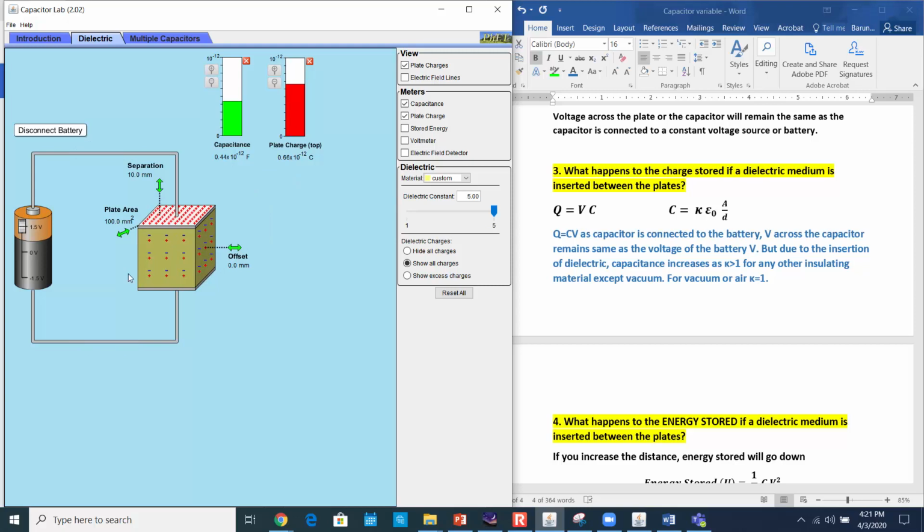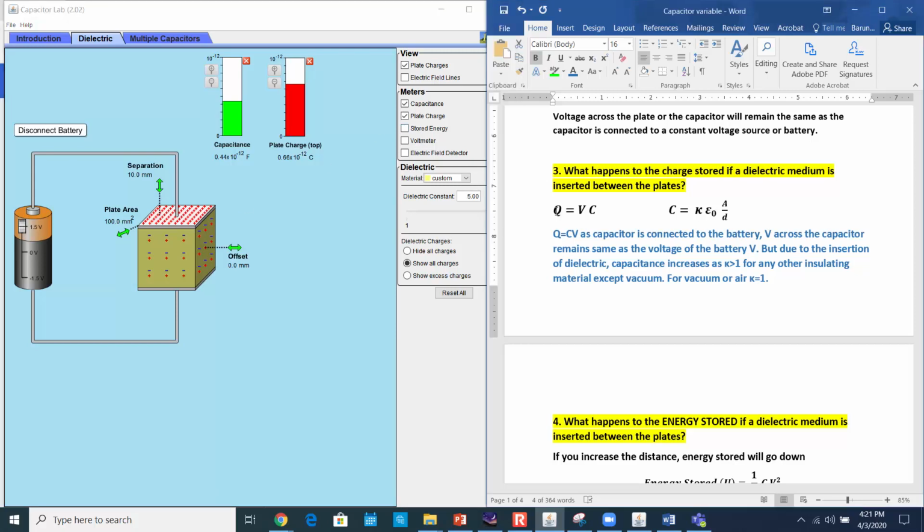Why has the charge increased? The charge on a capacitor is given by V times C, where V is the potential between the plates and C is the capacitance. The capacitance has increased 5 times because the dielectric constant is 5.